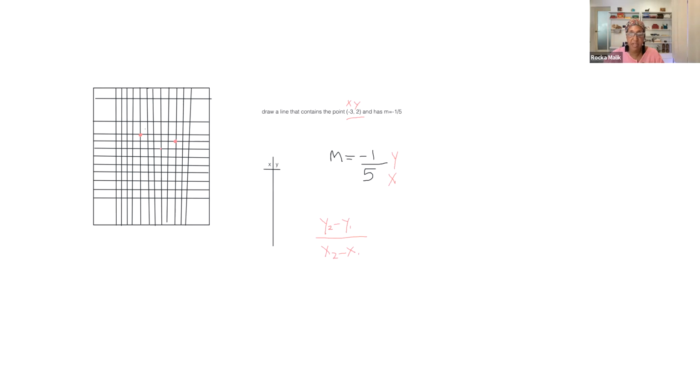Then from this dot, I can move the same way. Down 1, because I like to have 3 dots to make sure that I know what I'm doing. So 1 down and then 5 across. 1, 2, 3, 4, 5. And I should be able to connect those 3 with a line.